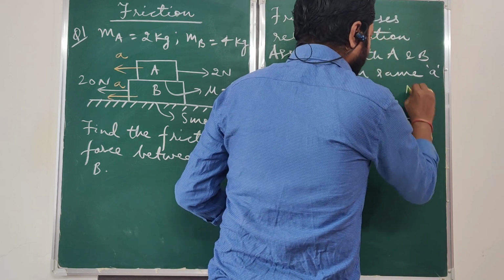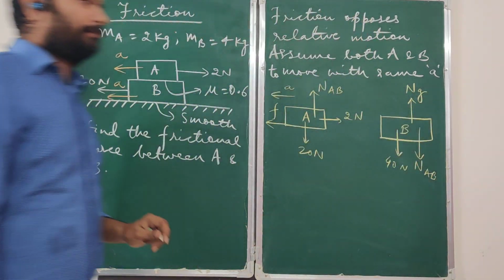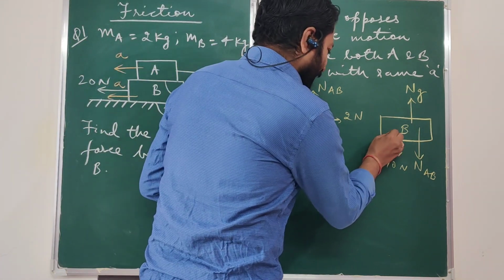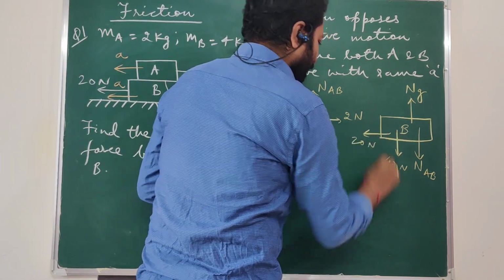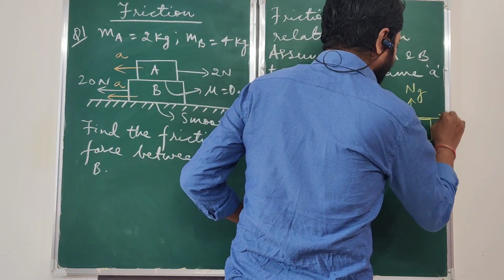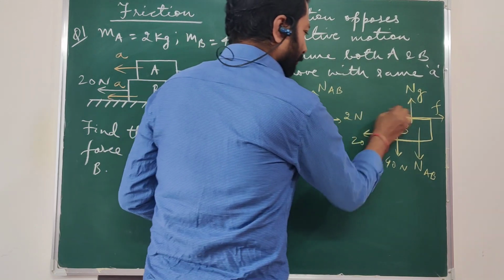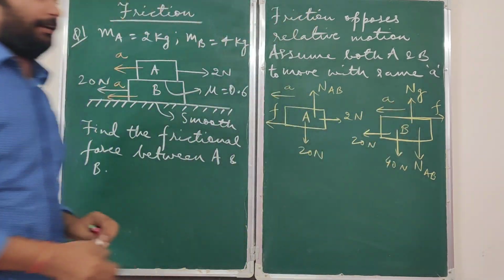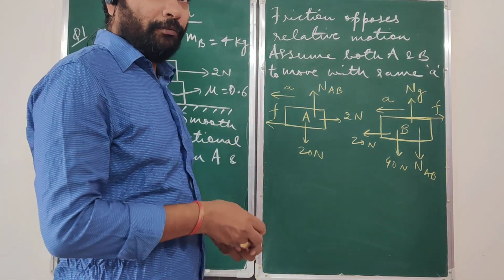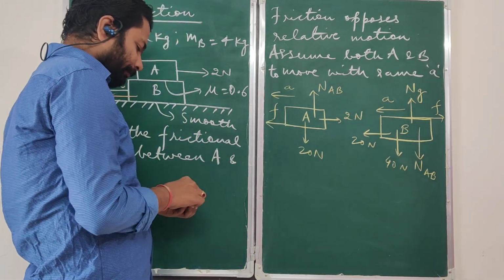One normal reaction from the horizontal surface, NG or ground. 20 Newton force is acting in this direction. And there is a frictional force which will act in this direction. Again, acceleration is A.